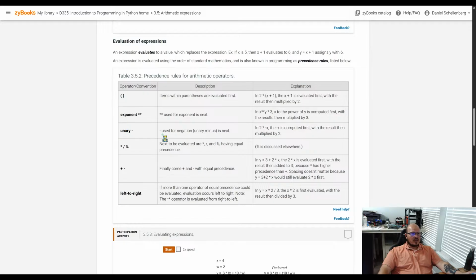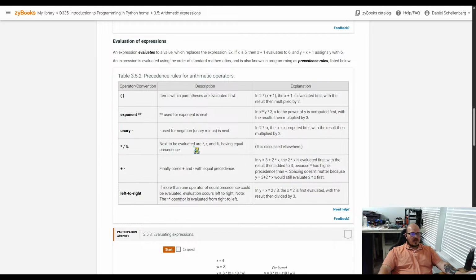Unary, so minus sign here, or negative sign, used for negation, unary minus is next. In 2 times negative x, the negative x is computed first, with the result then multiplied by 2.